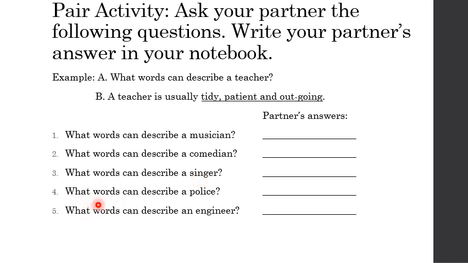Number four, what words can describe a police officer? And number five, what words can describe an engineer? Do you understand, students? If so, choose your partner and start asking these questions. Write your partner's answers in your notebook. Do not forget, I will check your notebook.